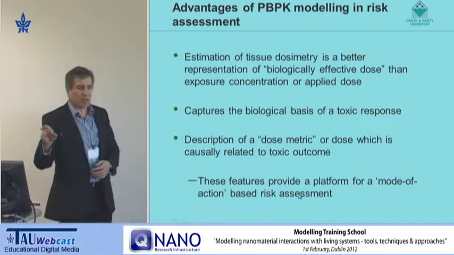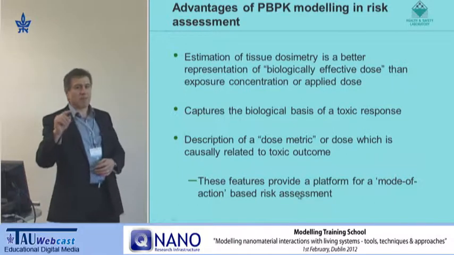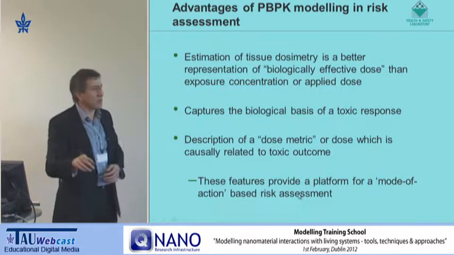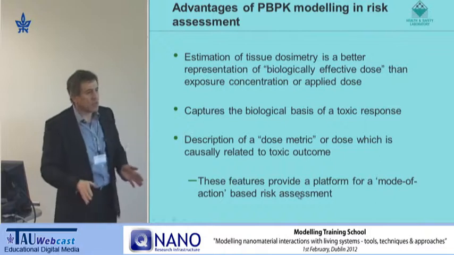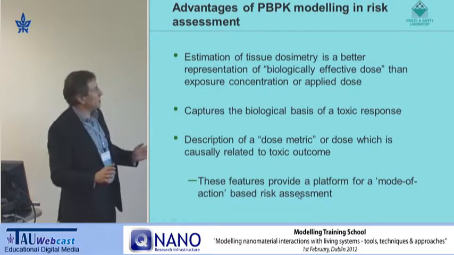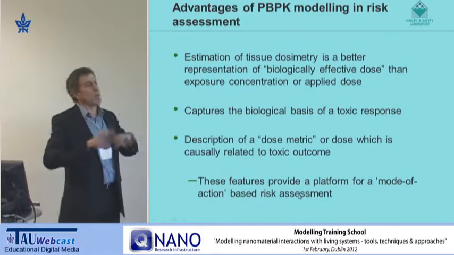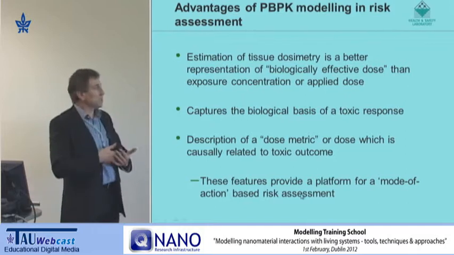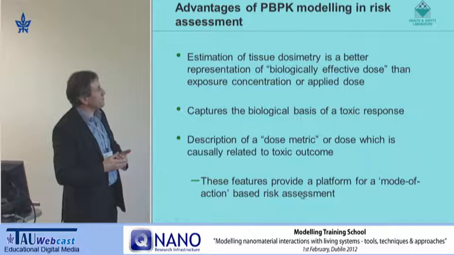Or is it a metabolite or metabolites? And where do those metabolites go? Are they binding directly to DNA or to some other macromolecule in the cell? And what is the nature? Is it area under the curve that you're interested in? Is it the peak? There are a whole load of dose metrics that we can capture using knowledge from all over the place in the model and allow us to then exercise the model and try and correlate that with a response.